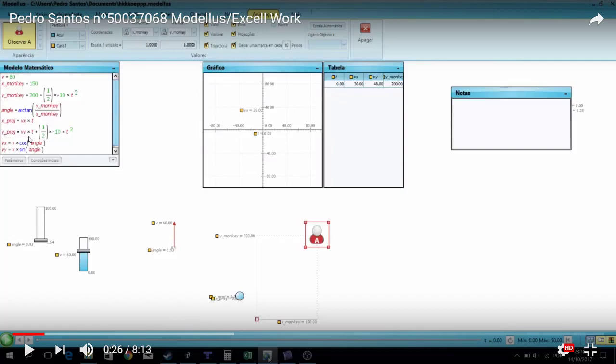And Y projectile will go up. Actually, it will go up because we are shooting upwards, and then it will go down. So it's the same.